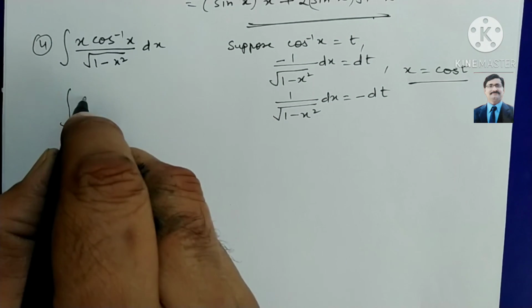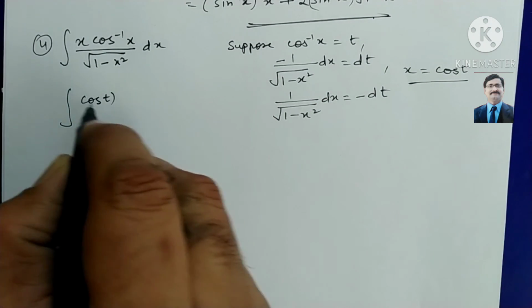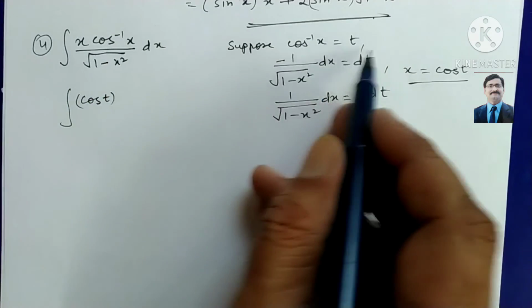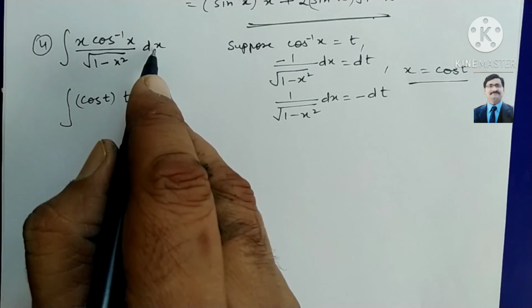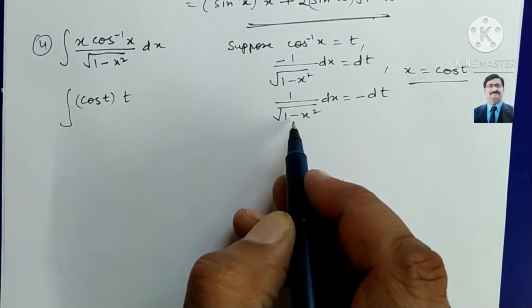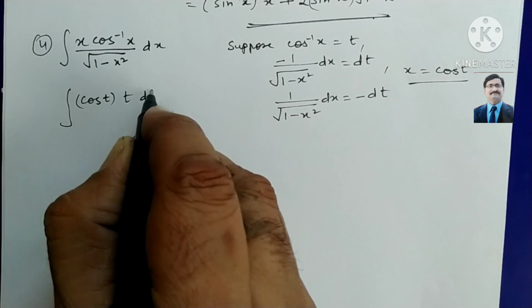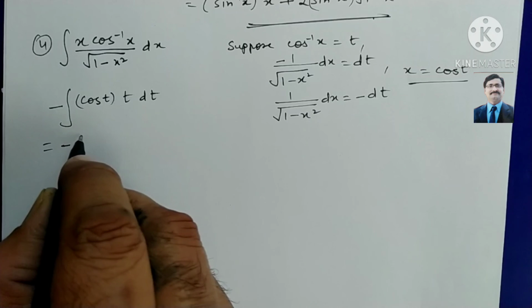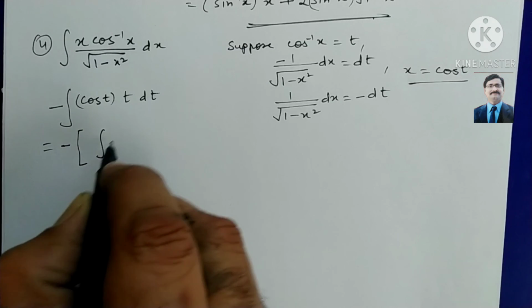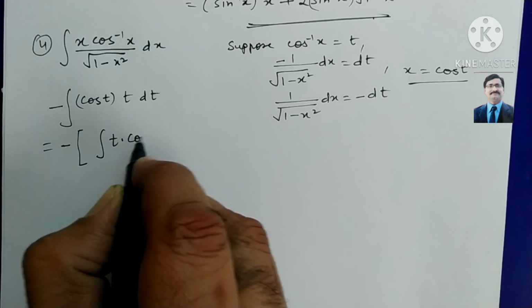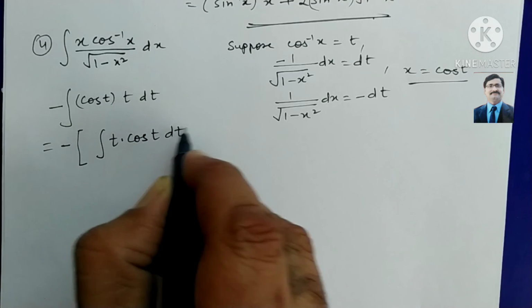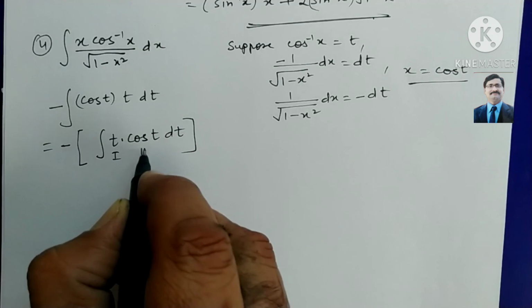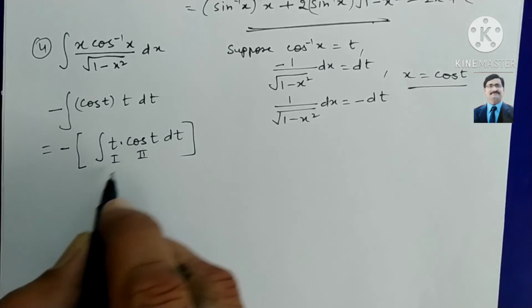Okay, these all values we will put in the question. In place of x we put cos t, and cos inverse x we write t, and dx upon this we write minus dt. Minus we take outside. Okay, so here we get minus bracket integral t into cos t dt. Okay, this t is first, and cos t is second.